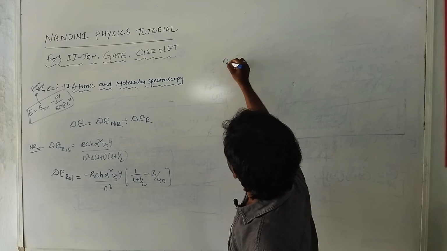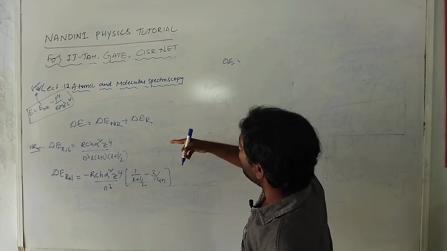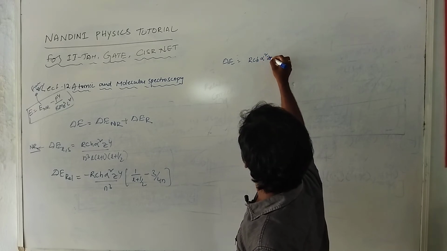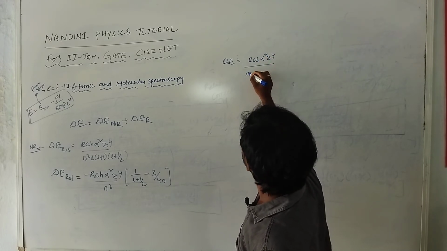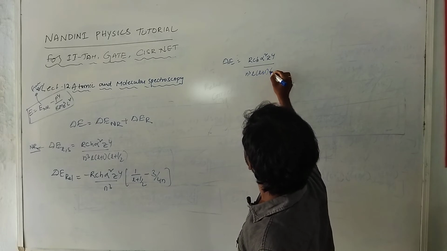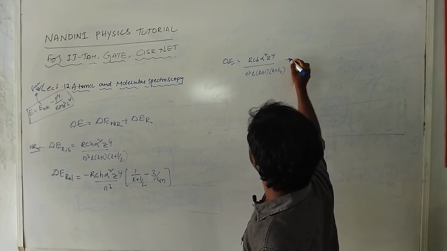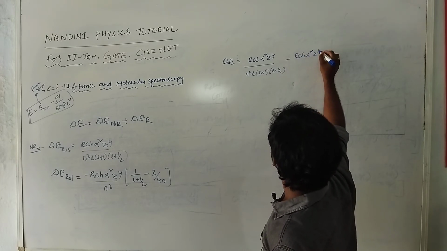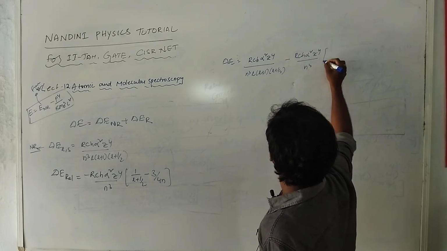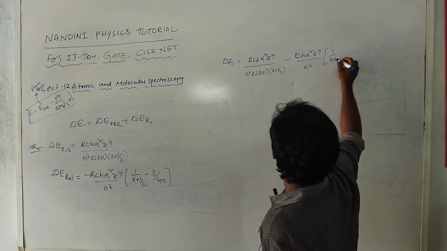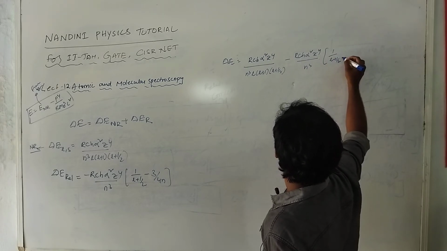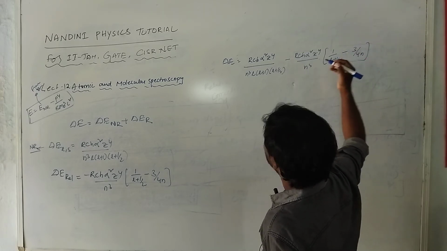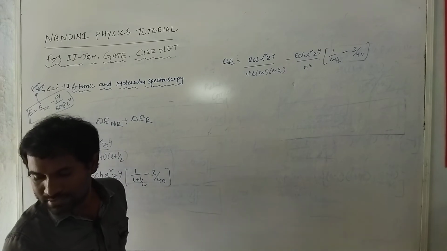So delta E is equal to: the non-relativistic case is RCH alpha square Z power 4 divided by n cube into L plus 1, L plus half, minus RCH alpha square Z power 4 divided by n cube into 1 by L plus half minus 3 by 4n. Finally you will get this equation.